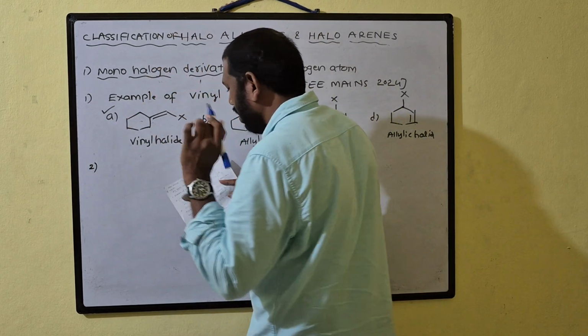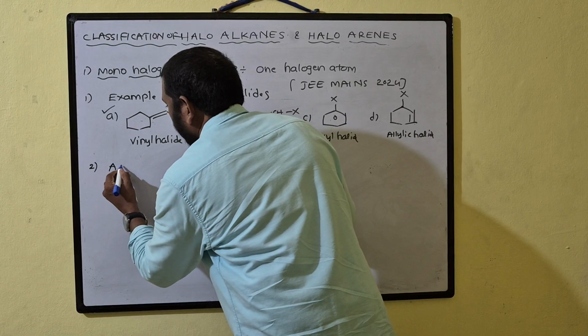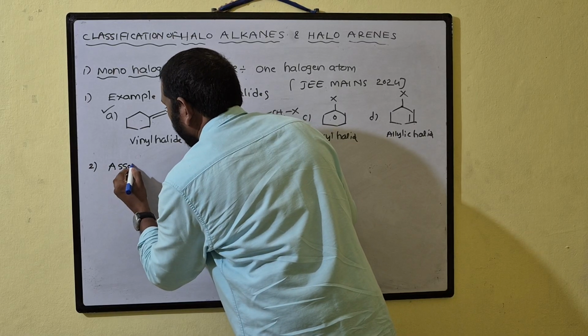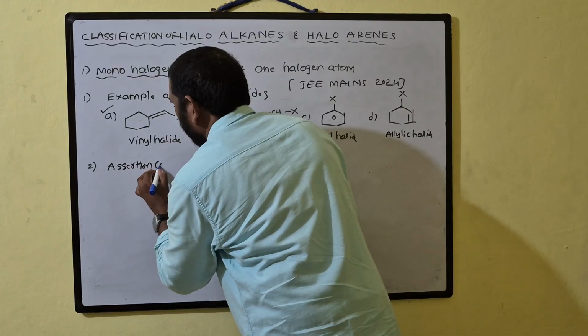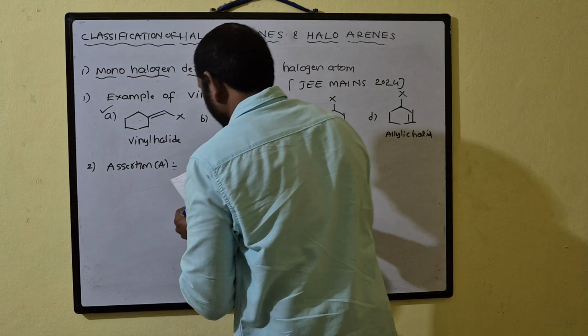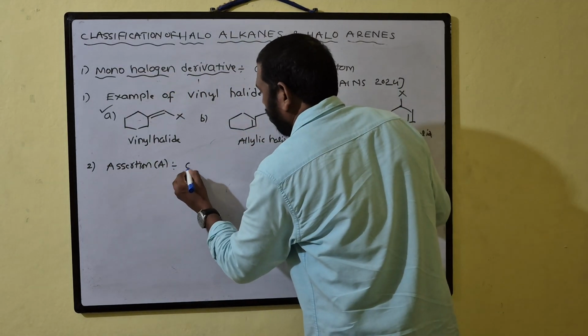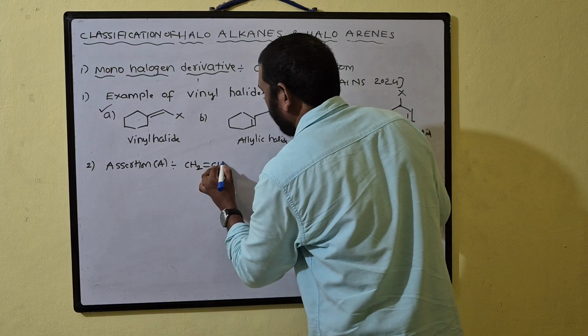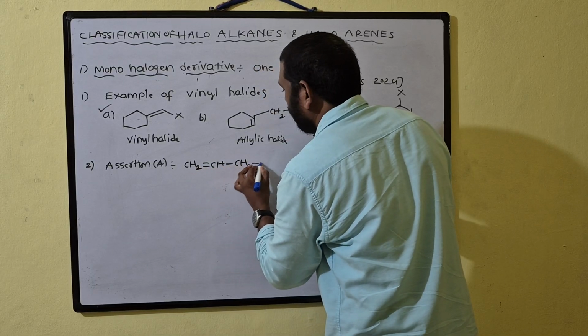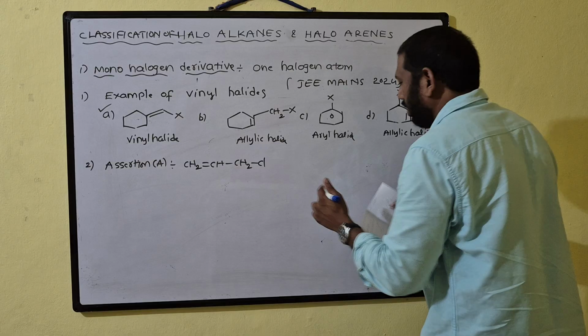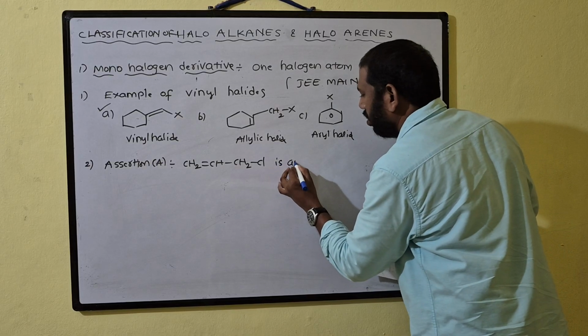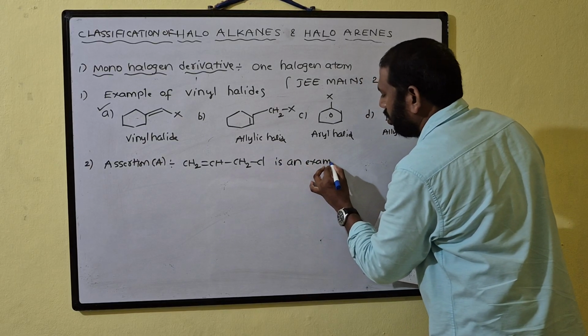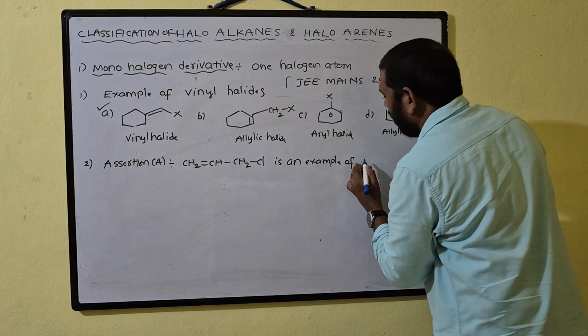It is an assertion and reason question. It is also one of the main questions. Assertion A: CH2 double bond CH CH2 Cl is an example of allyl halide.